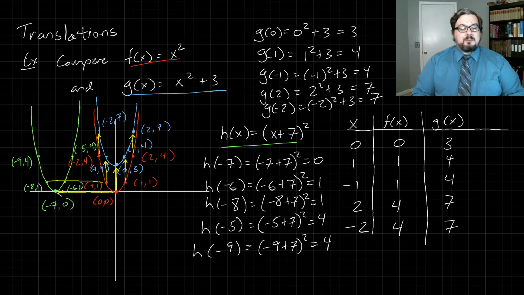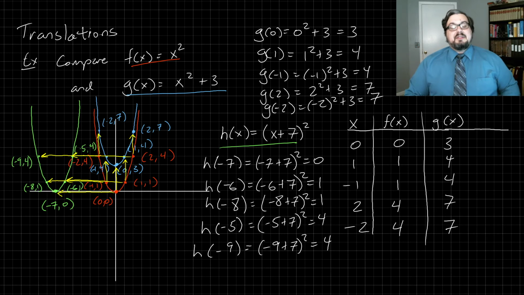The point negative 1, 1 gets mapped over here onto the point negative 8, 1, and similarly for the other points. We can see that by changing the function to x plus 7 squared instead of x squared, we have shifted the graph left by 7 units.